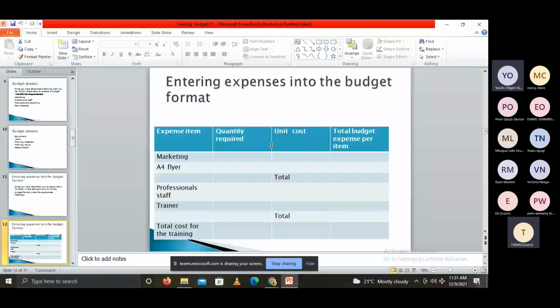How many have confirmed attending that training? What is the unit cost? And then ultimately, what is the total budget? The total budget is the product of quantity required multiplied by the unit cost.